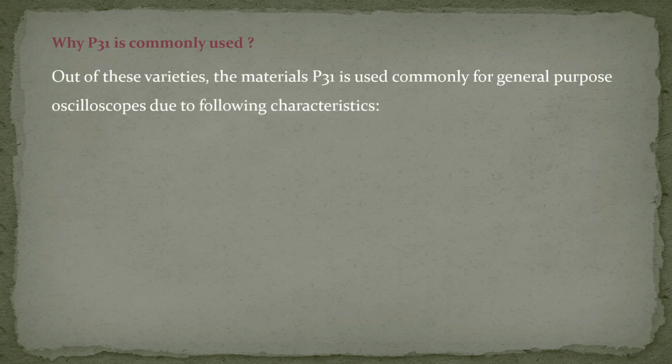Why is P31 commonly used? Out of these varieties, the material P31 is used commonly for general purpose oscilloscopes due to the following characteristics. It gives a color to which the human eye response is maximum.